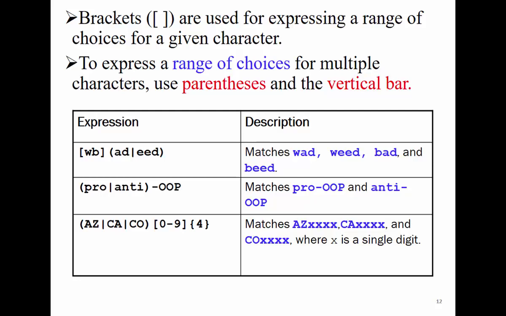Is that right? Because then I'm looking for 4 different digits. But this quantifier allows me to say I need exactly 4 digits after the string AZ. Exactly. Otherwise, the match is not valid.